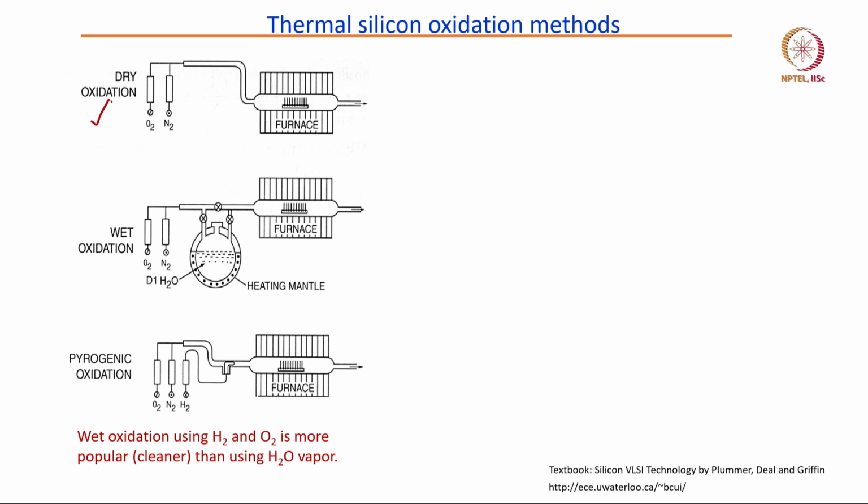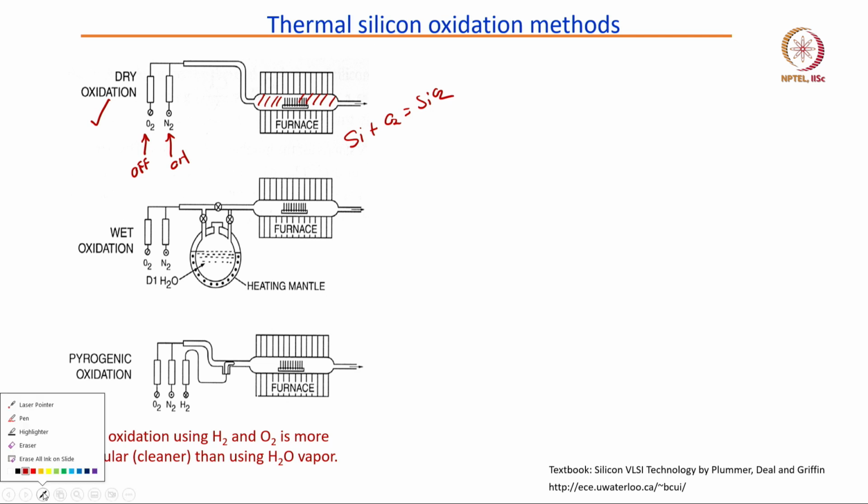In dry oxidation, initially nitrogen is on and oxygen is off. Why? Because the oxygen present in the furnace should not react with the silicon wafer, because if oxygen is already there, the silicon dioxide starts growing, and that is what we do not want. That is why initially when we load the substrates into the furnace, we keep nitrogen on and oxygen off.